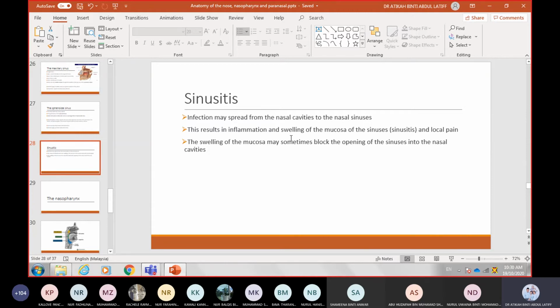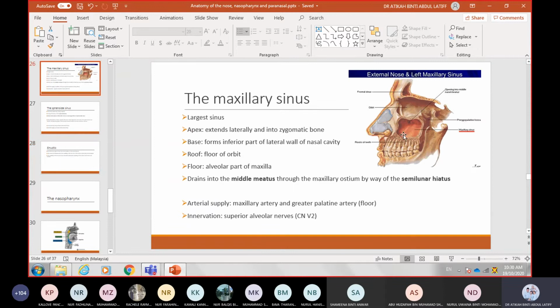Usually, for example, if you have infection in the maxillary sinus, here, when you press on the patient's cheeks, they will complain of pain because of infection and inflammation in the mucosa of the sinus.